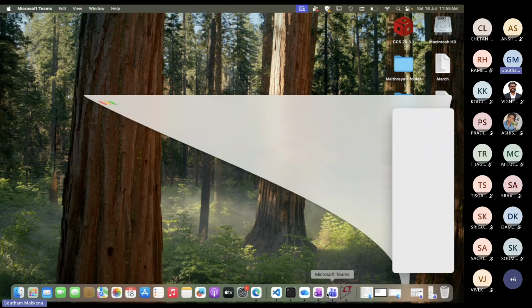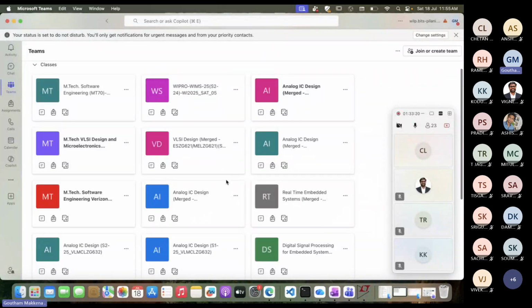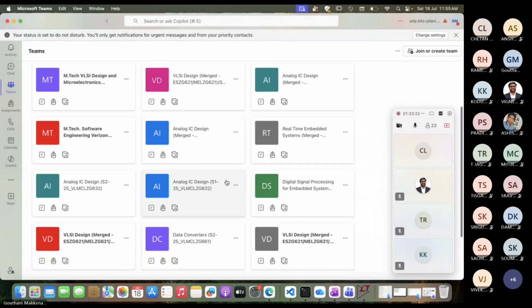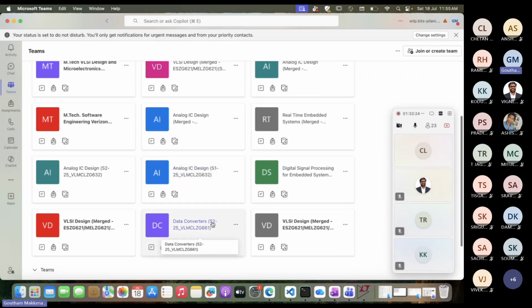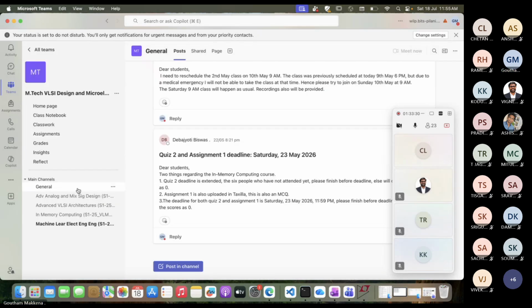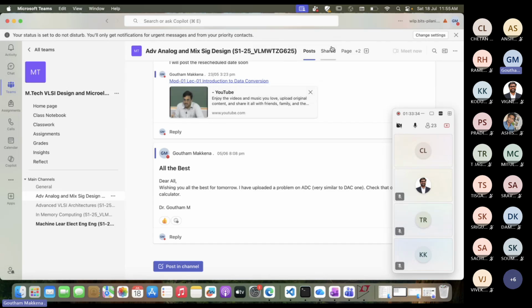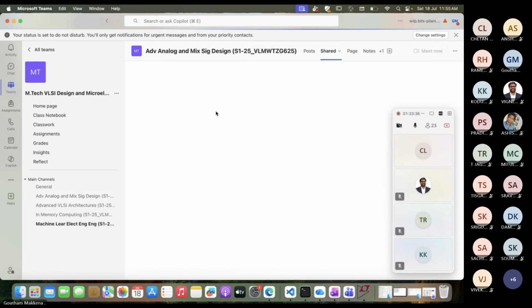That one I taught for Wipro. Advanced mixed signal design. Just to give you a feel of how they look like.